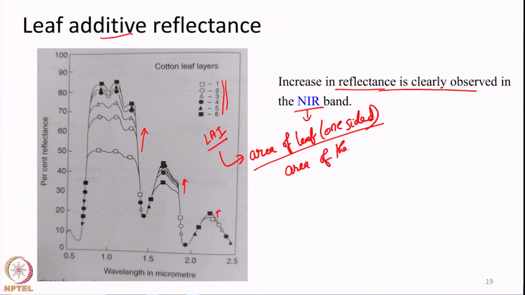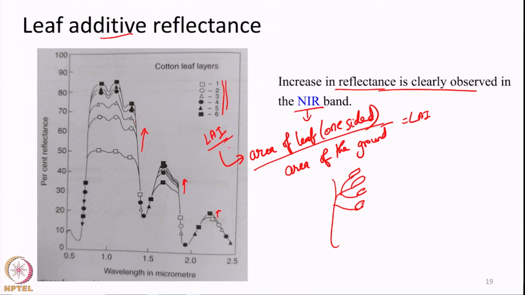This is what we call leaf area index, LAI. LAI may increase when a large number of leaves get added underneath. So, this is one leaf, there may be another leaf like this, another leaf like this, and so on. As the number of leaves grows in a canopy, the LAI will increase.